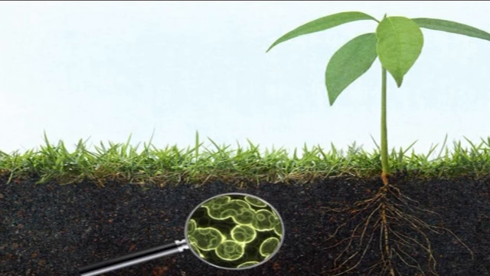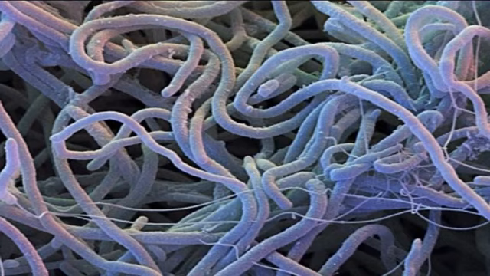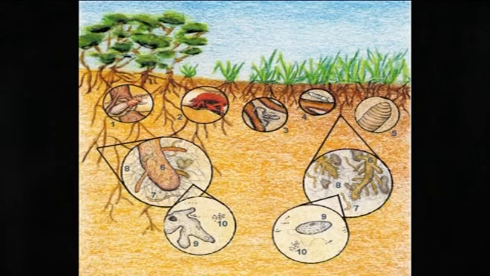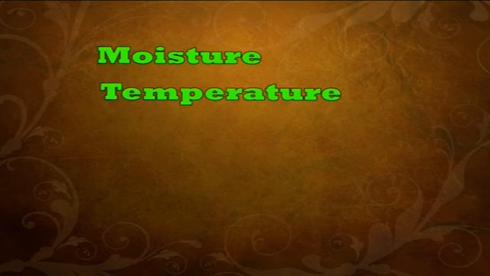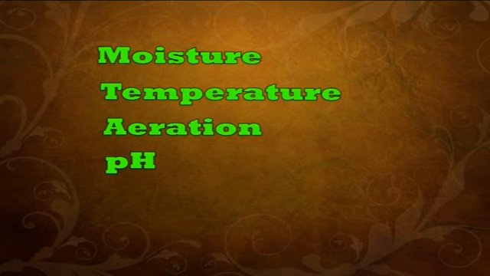Microbial degradation is the breakdown of pesticides by microorganisms such as fungi, bacteria, and other soil microorganisms. Soil organic matter, texture, and site characteristics such as moisture, temperature, aeration, and pH all affect microbial degradation.